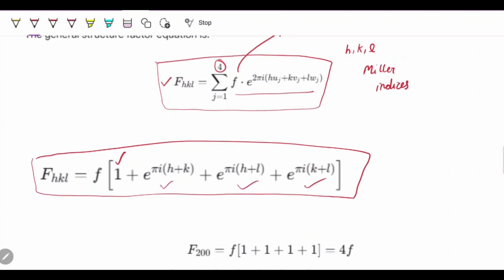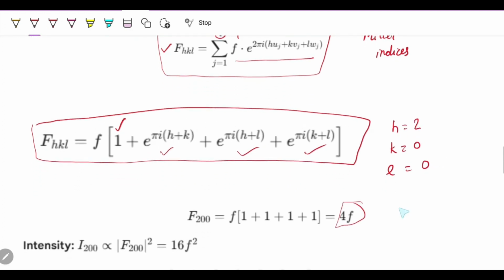Now let's calculate the structure factor for the 200 peak, with h equal to 2, k equal to 0, l equal to 0. We found that this is equal to 4f. The intensity is proportional to the square of the amplitude of this structure factor, so this will give you 16f squared. So this says that the 200 peak would be present.